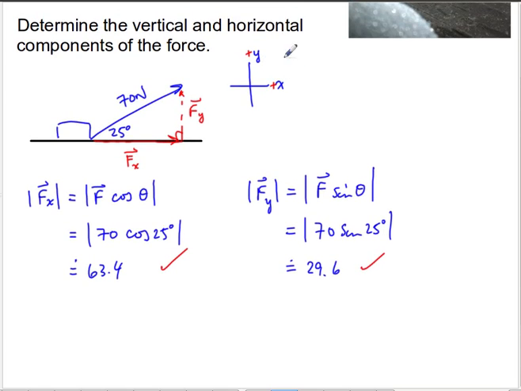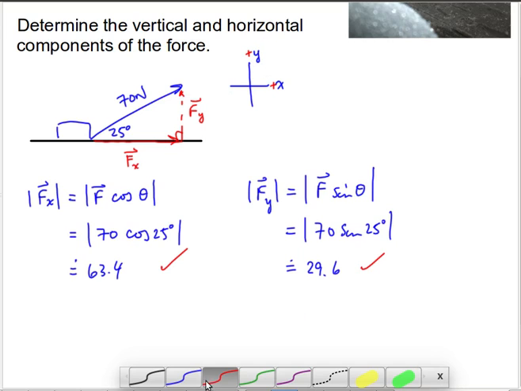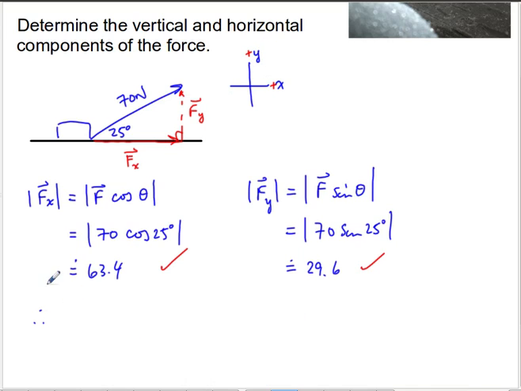Now I went to the trouble of declaring that to the right was positive and up was positive. So it turns out that this force in the x direction is also to the right, so it's positive, and this force in the y direction is also up, so it's positive. So now for a concluding statement, and you don't always have to do these in words, I'm going to write the vector components.